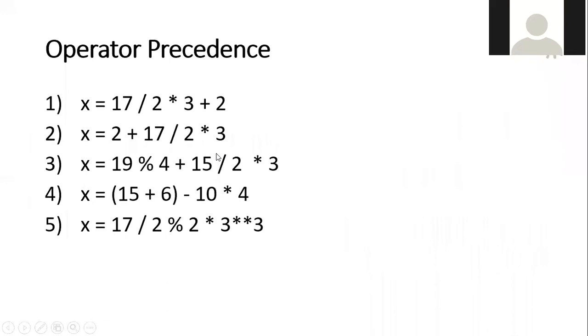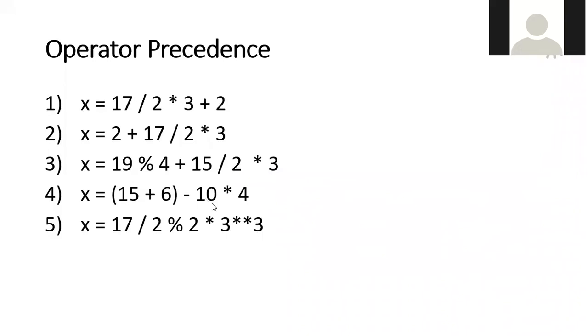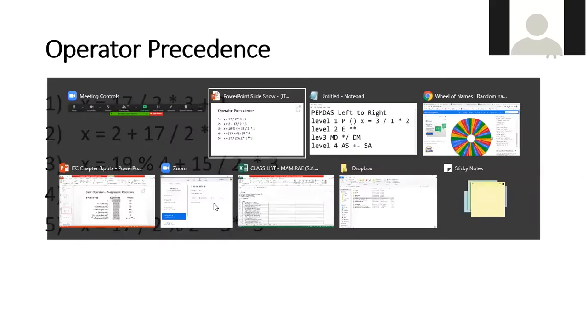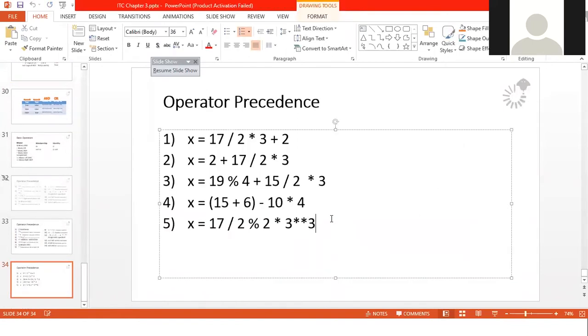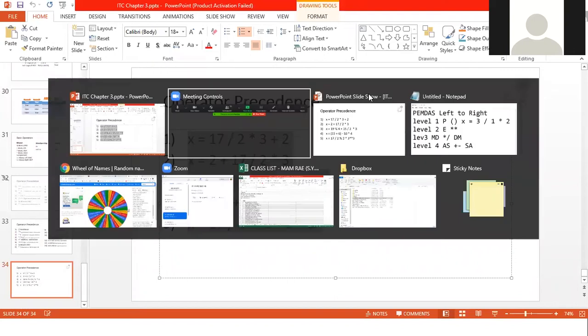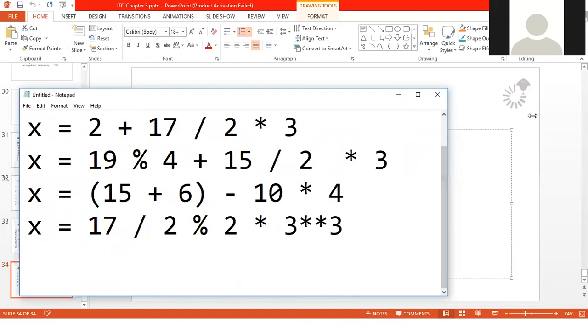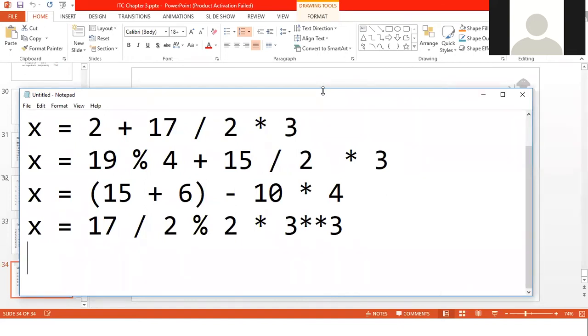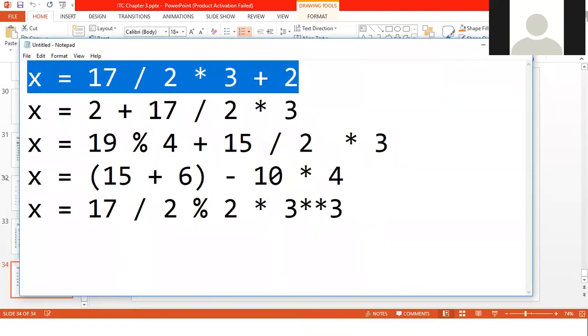Example. Okay. Let's try to solve the first equation. 17 divide 2 multiplied by 3 plus 2. What is the answer? 17 divide 2 multiplied by 3 plus 2. 27.5, ma'am.